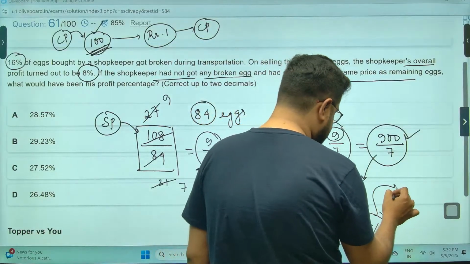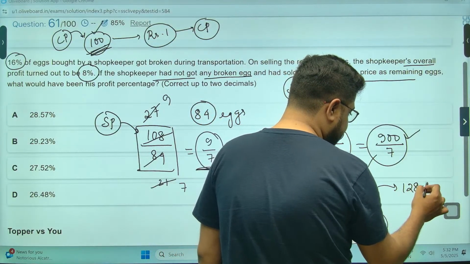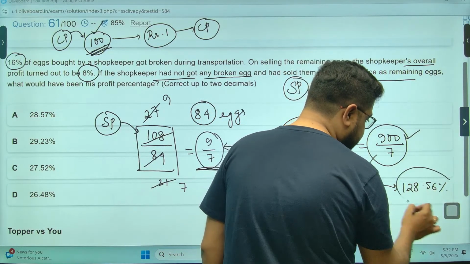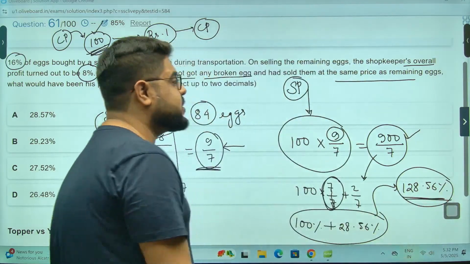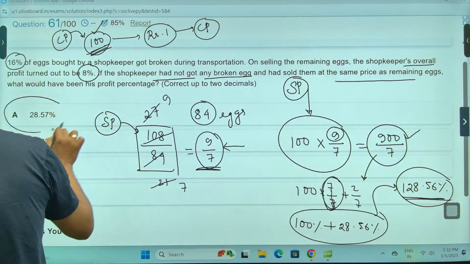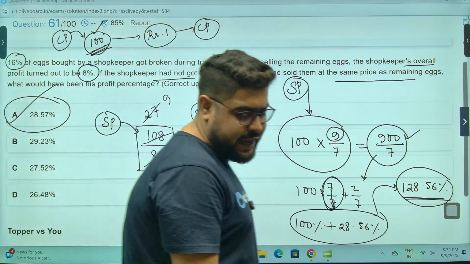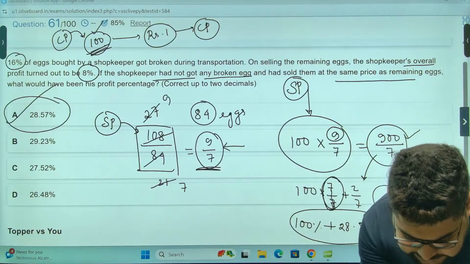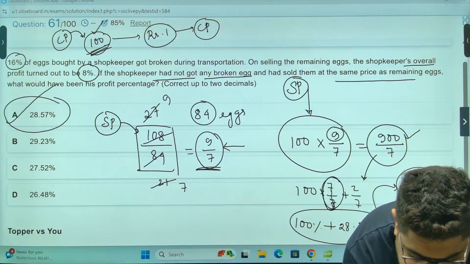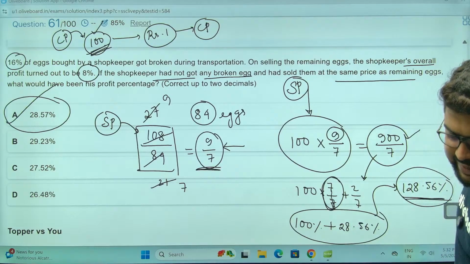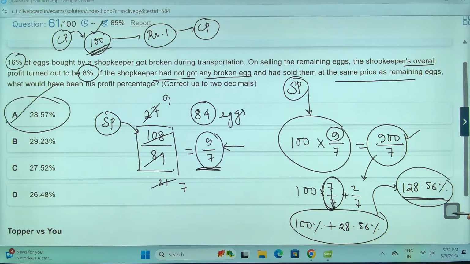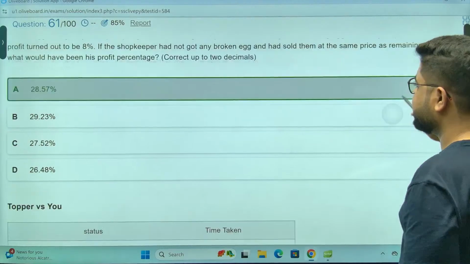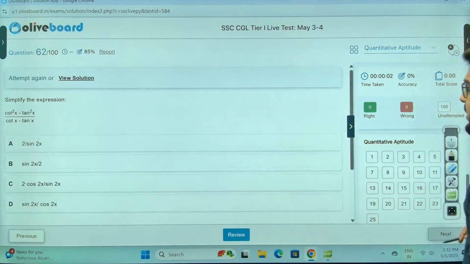So this will be 128.56%, so profit will be 28.56%. Look at the options, 28.57. Option A is the correct answer. Sachin, Sashi, Reena, all of you are 100% correct. Clear, sir? Very simple.